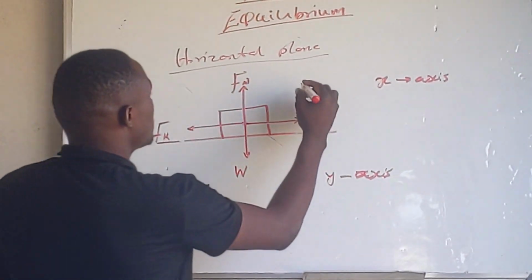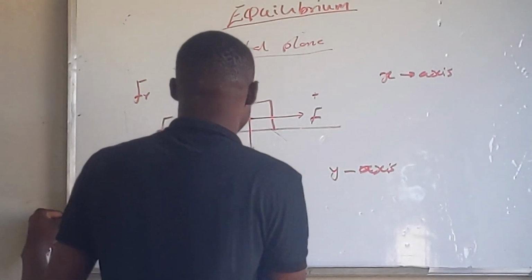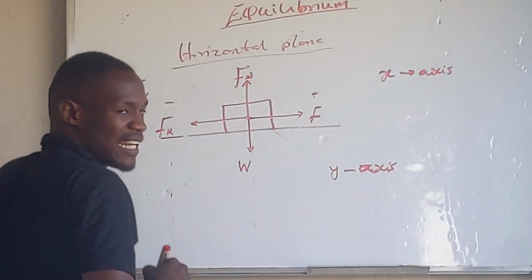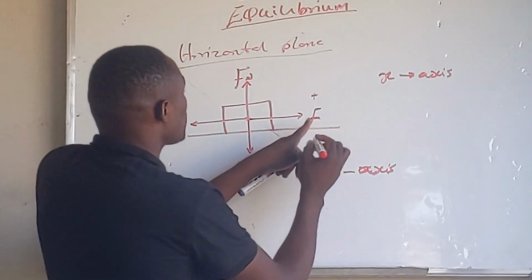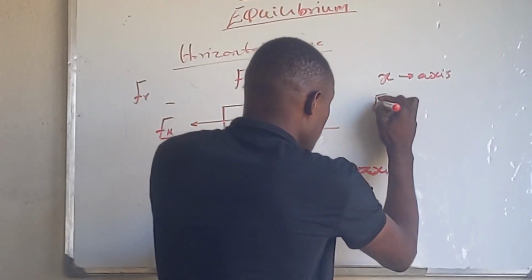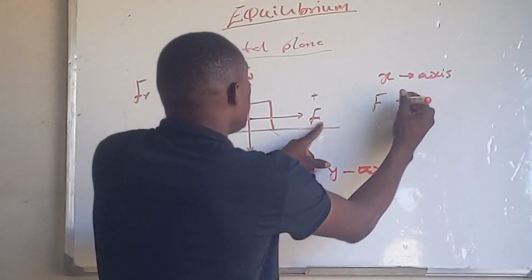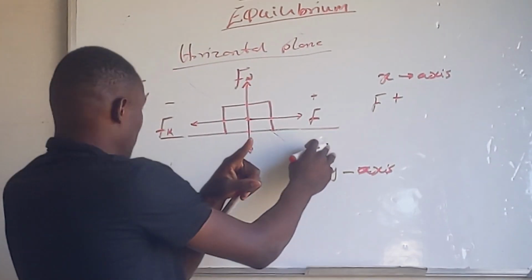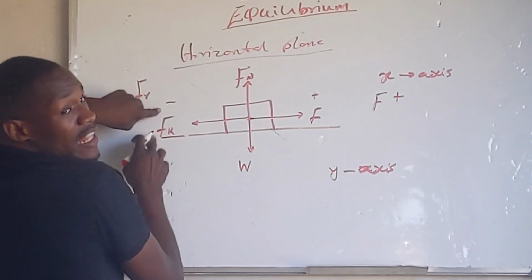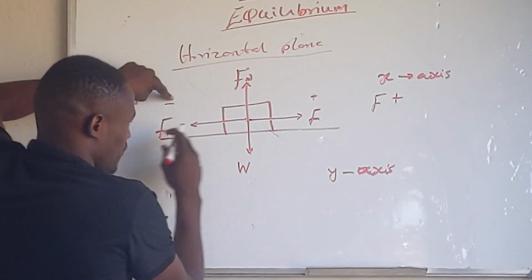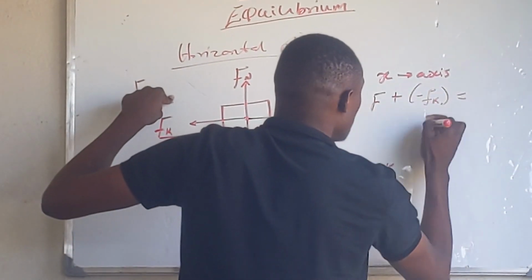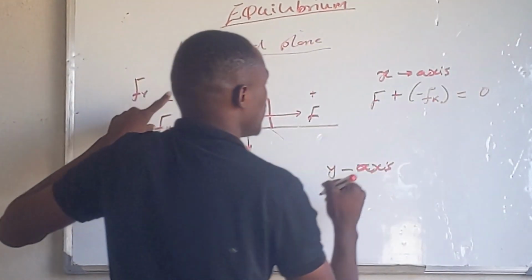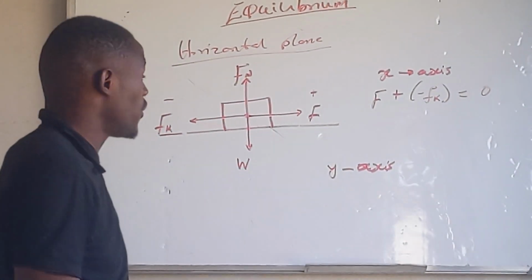Now let's say this force on this side is positive, then this side is negative. Therefore, we'll go ahead and say this force plus, because we are adding, the force of friction which is negative. So it will be negative Fk is equal to 0. So these forces add up to 0.